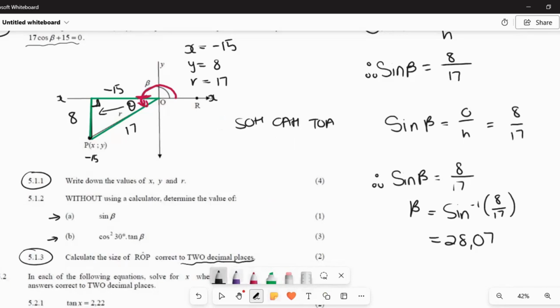So we say 180 plus 28,07 degrees. It is then going to give us, again using my mind, it should give us 208. I hope. Yes, I'm going to have 208,07.